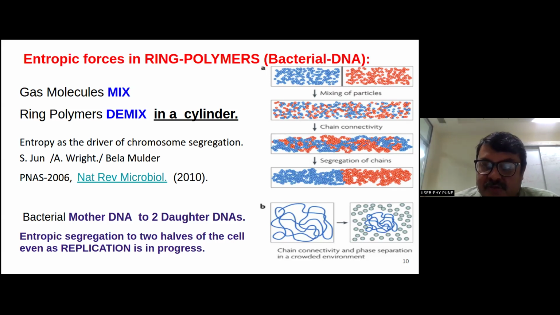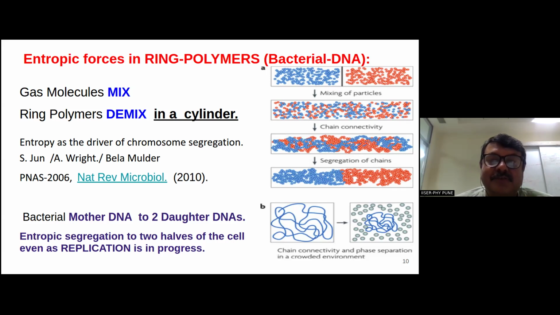If the wall is not there, then each of the blue particles can explore all the positions within the entire box, and similarly for the red particles. That will essentially increase the number of microstates. In case you have done your stat mech, it will have access to a larger number of microstates.